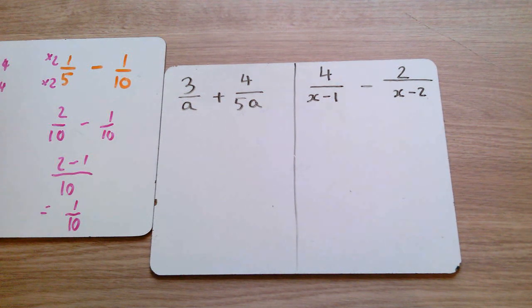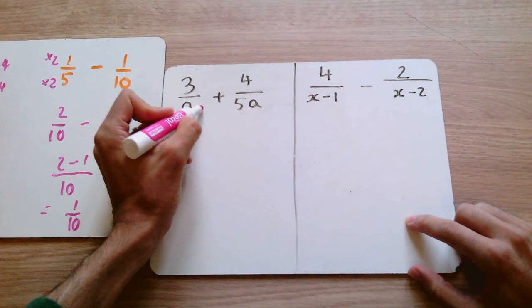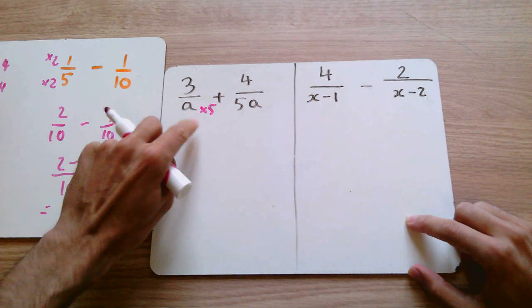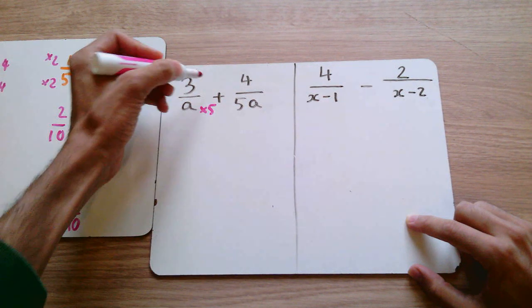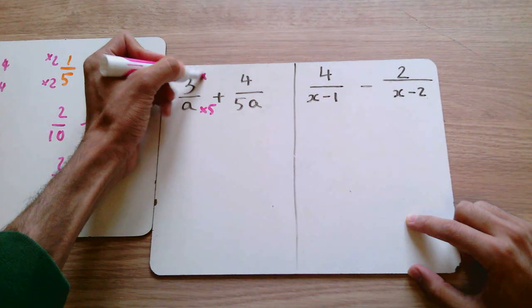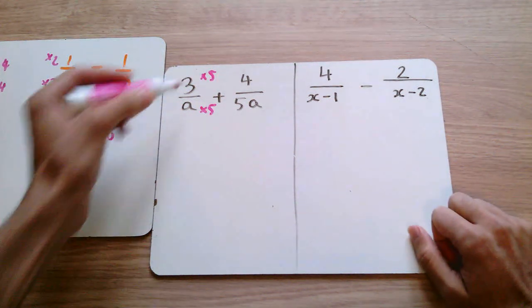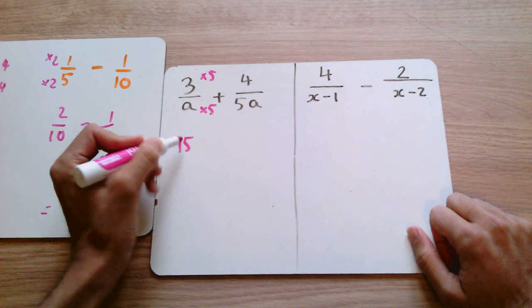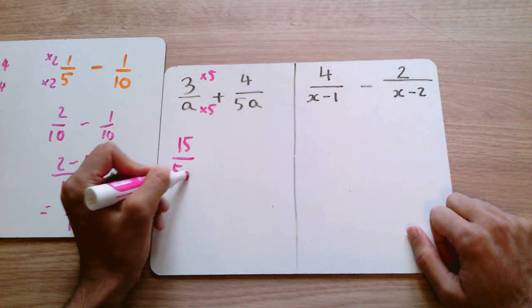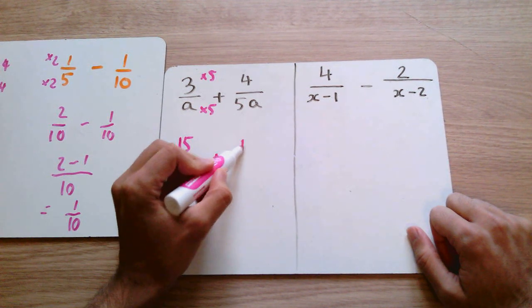But as I said, some people may notice that if I multiply this a by 5, I'm going to get the same 5a as I do here. So if I do that to the denominator, I have to also do it to the numerator. And that then gives me a value of 15 over 5a plus 4 over 5a.